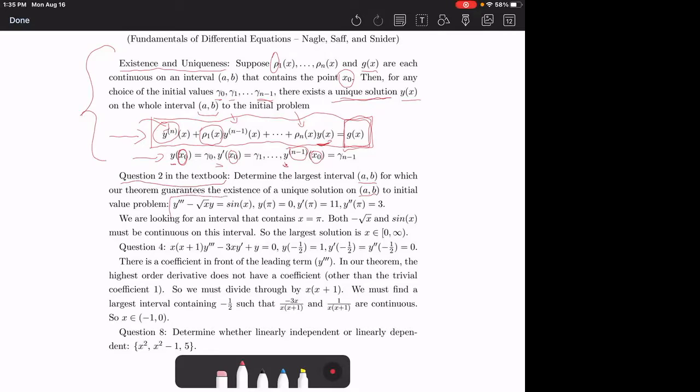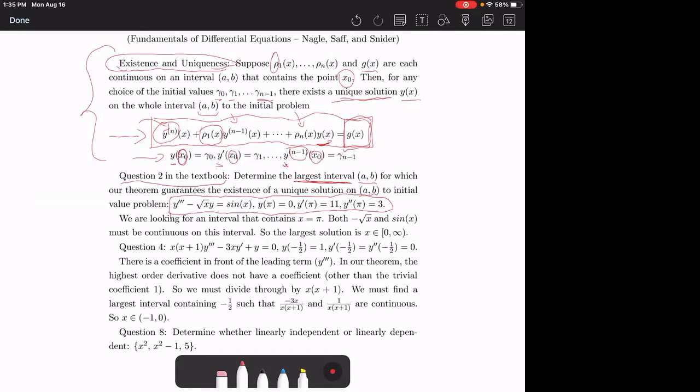Y triple prime minus the square root of x times y is equal to sine of x, where our initial values provided are y of pi equals 0, y prime of pi equals 11, and y double prime of pi equals 3. So what the question asks, not for the solution, but what the largest interval on which such a solution may occur based on our existence and uniqueness theorem.